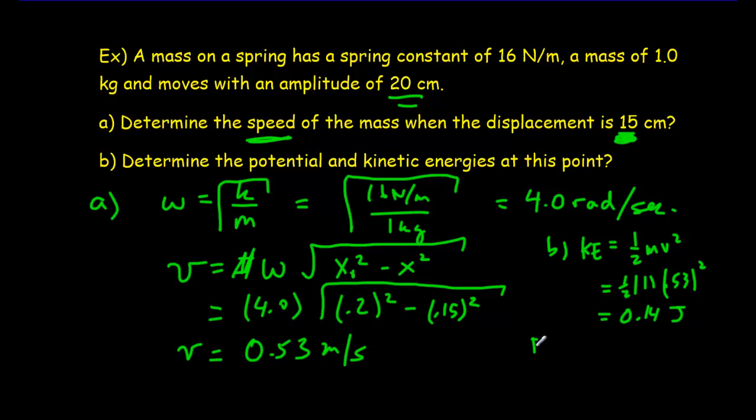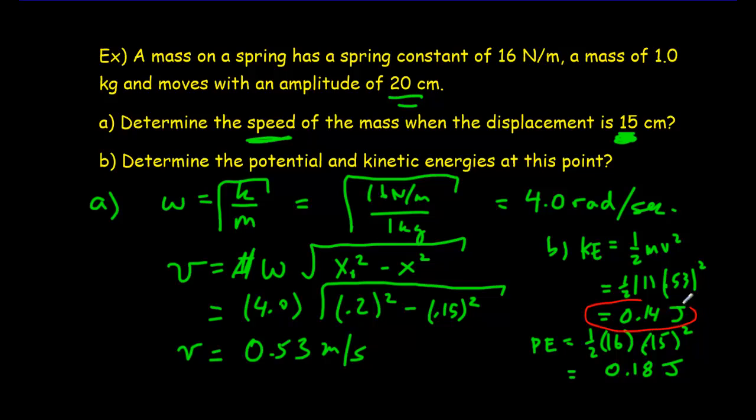The potential energy at that same point at 15 centimeters is going to be 1/2 kx squared, so it would be 1/2 times k, which was 16 newtons per meter, and our displacement from equilibrium will be 0.15. That'll get squared. Work that out, you get a value of 0.18 joules. So that would be the kinetic and potential energies.